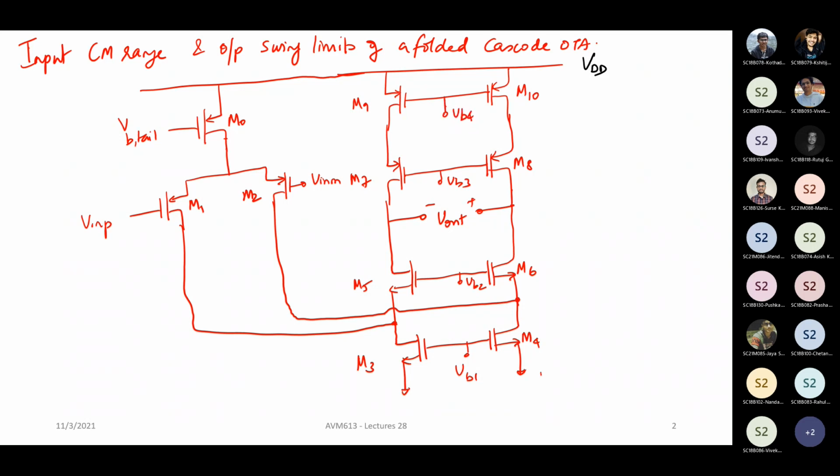We are talking about the maximum input common mode voltage of this particular thing. We are talking about this voltage VCM, which is going to the gate of these two PMOS transistors.